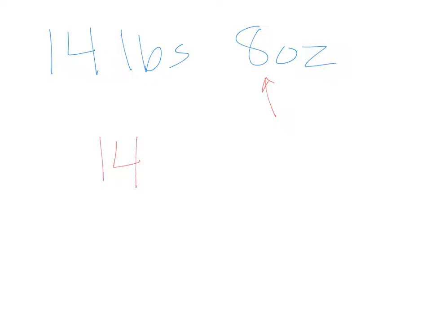And just to give you a visualization of what I'm talking about, I'm going to write this out. This patient is 14 pounds, 8 ounces. Again, since a full pound is 16 ounces, we know 8 is half of 16, so he is technically 14 and a half pounds, or in other words, 14.5 pounds, because his ounces make up half of a pound.